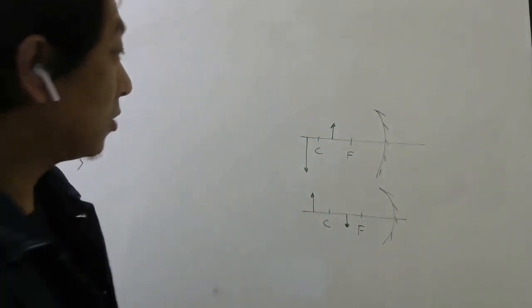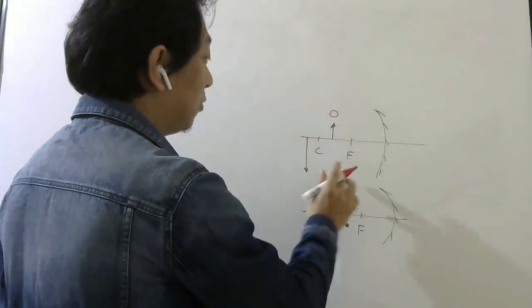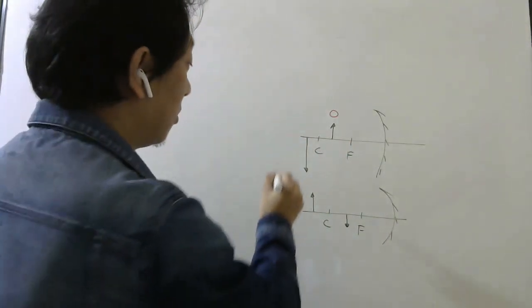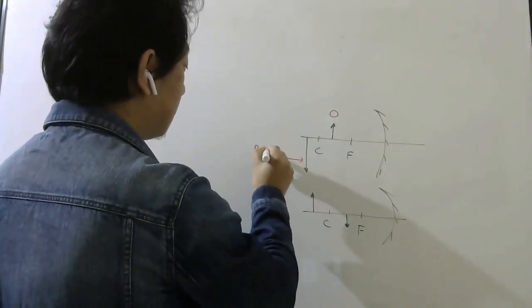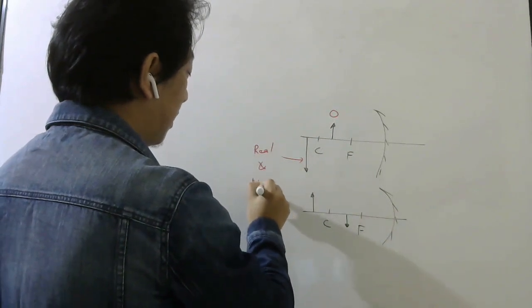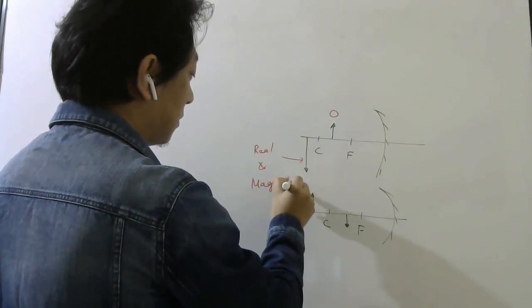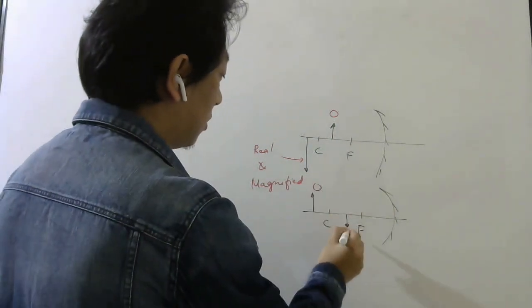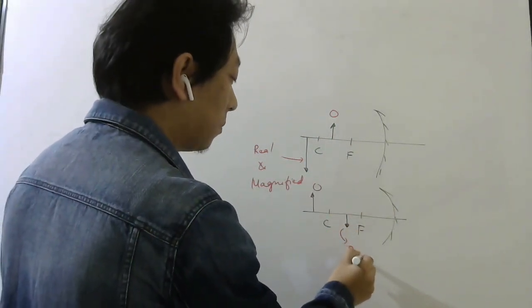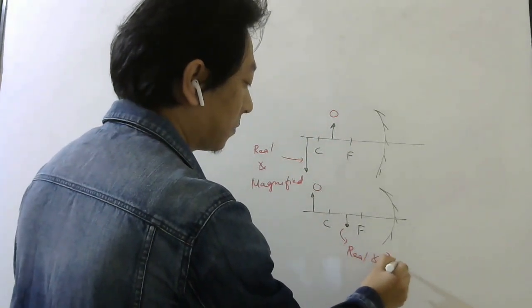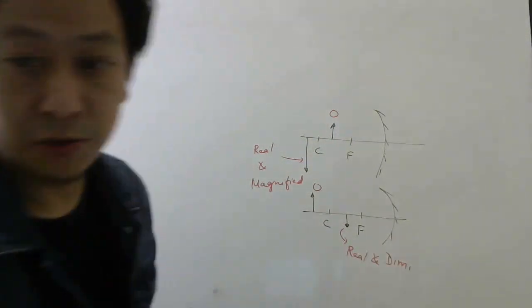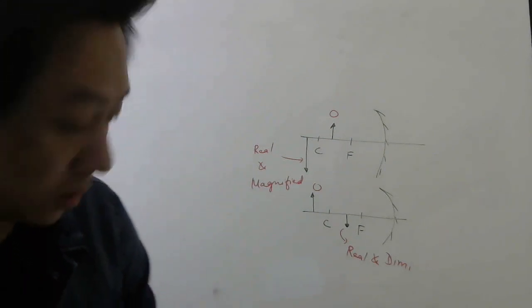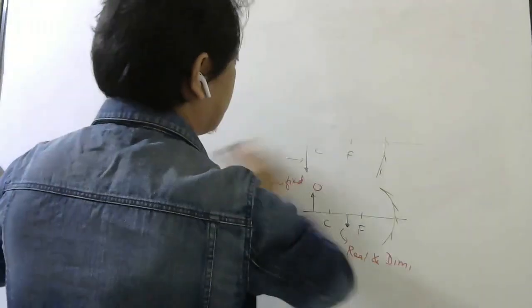Okay students, so if object is kept between focus and center, your image will be real and magnified. If object is kept beyond the center, your image will be real only, but it will be diminished. So that you should remember. Okay. So let us solve the next question.